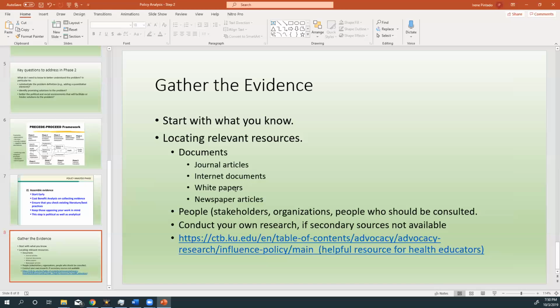And then the other thing is, in a lot of cases, you're going to find that there isn't a lot of research or evidence, in which case you can do your own research.